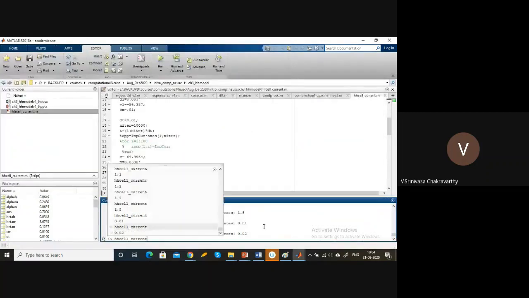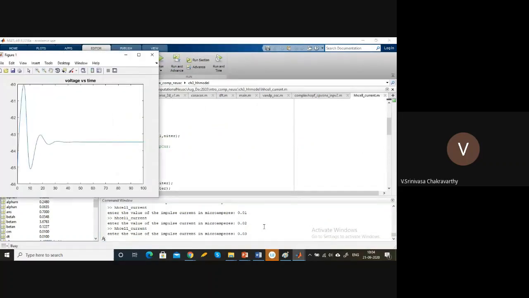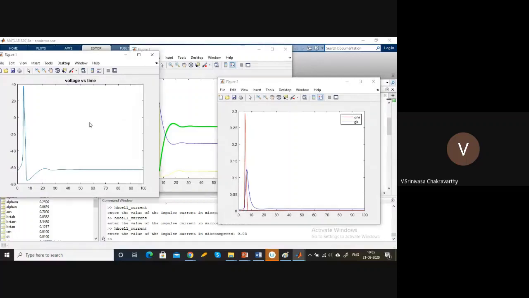Now let us increase the current further, to 0.03. What do you see here? A sudden increase in voltage. Until then it was only a smooth, small and brief variation. Here it is very sharp. It went beyond 0 to positive values, which means the membrane is depolarized, and it came back down very quickly.